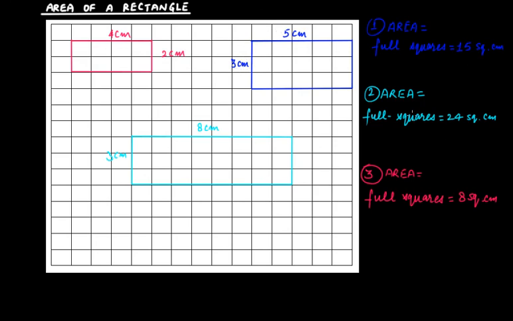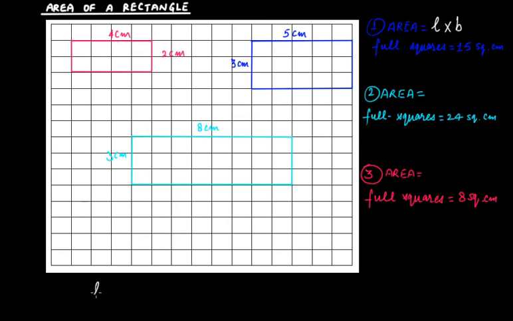In this case, if we multiply the length times the breadth, 8 times 3, you will get 24. Here, 4 is the length times breadth 2, so 4 times 2 is 8. Therefore, you get 8 square centimeter. So what can we infer from here? In each case, area is actually length times breadth.